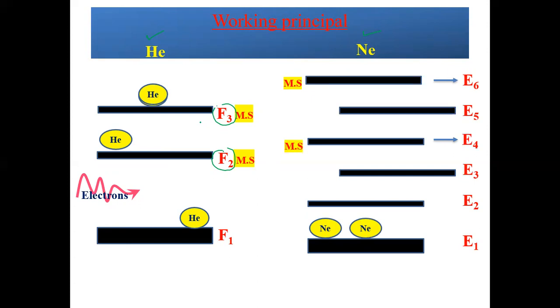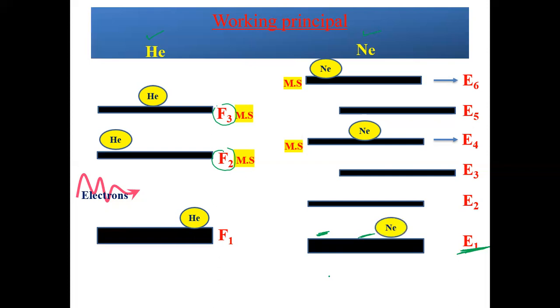The helium excited atoms have energy which is equal to the excited state energy of neon atoms. In this case, helium atoms collide with the ground state neon atoms and excite them to the excited states E4 and E6. These E4 and E6 energy levels are also metastable states.